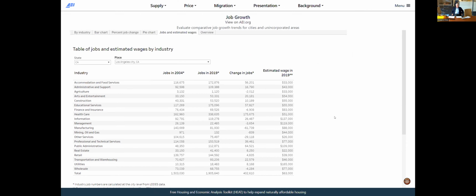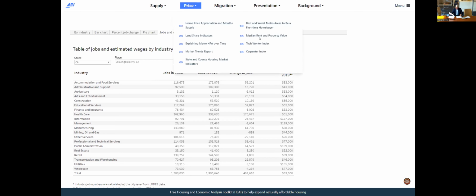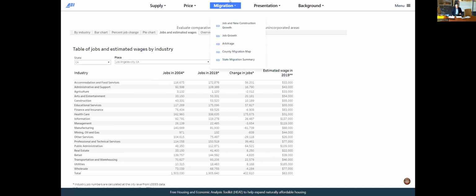And it becomes a barbell, which again exacerbates the housing problem and the rent problem, because you have a lot of well-to-do people, but then you have this group in accommodation, food services and healthcare and some of these other areas where there are lots and lots of jobs, but they're pretty low paying. The next slide is going to be the next tool, which we call the arbitrage index.